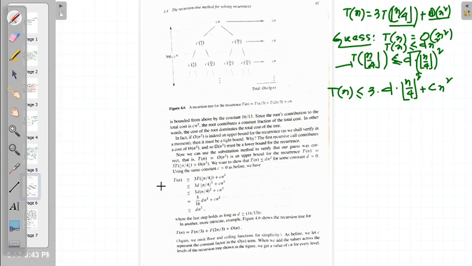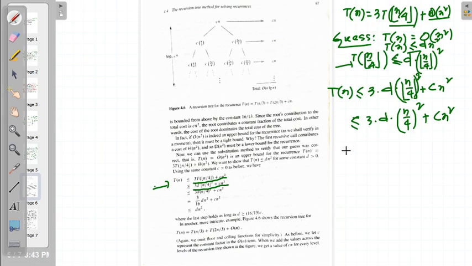This is exactly what we followed here. Now we are omitting the floor, so it becomes 3d(n/4)² plus cn².